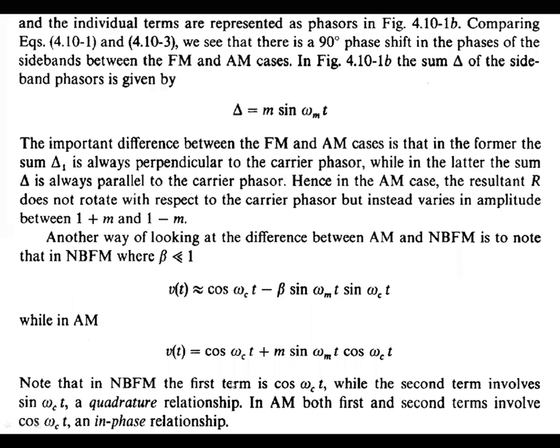Okay. So observe that for the two equations, cos ωct and sin ωct are out of phase. That is a quadrature relation, whereas cos ωct and cos ωct are in phase.